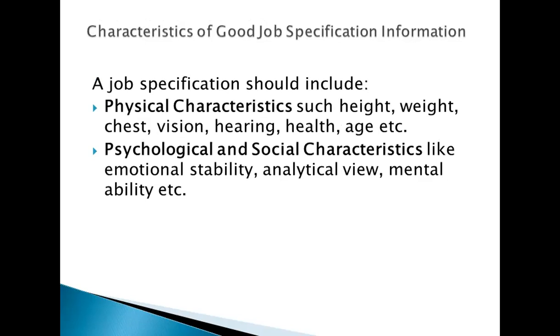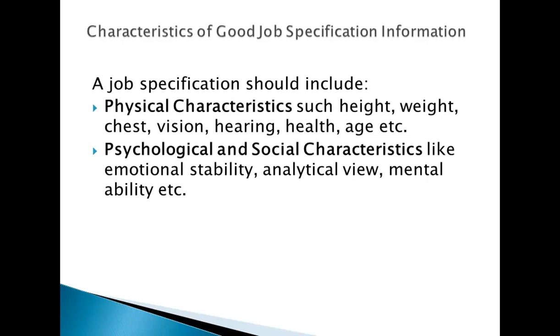A job specification should include, number one, physical characteristics such as height, weight, chest, vision, hearing, health, age. Age bar should be given. Up to what age can people apply? Is there any age bar? You might have noticed in some advertisements that a person having less than 45 years should apply for this job.